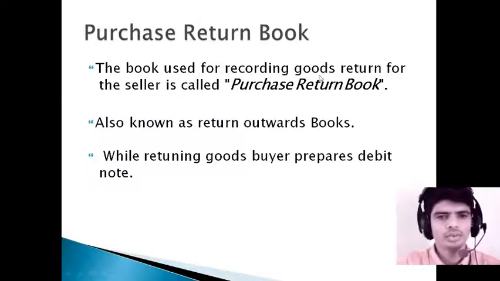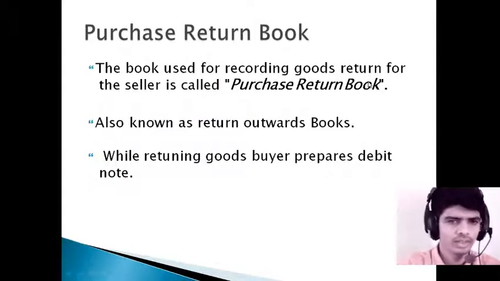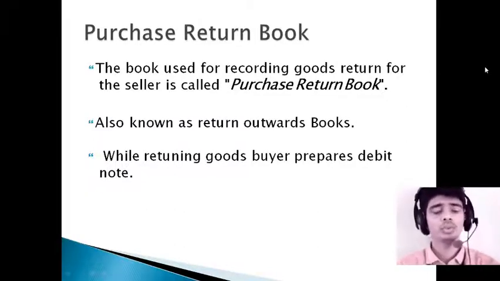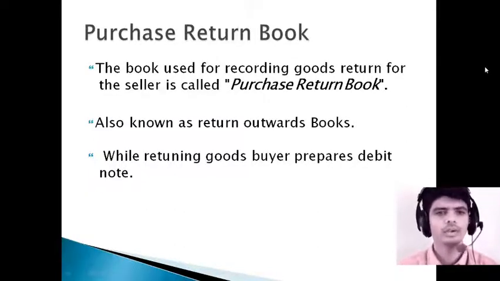The book used for recording the goods returned to the seller is called the purchase return book. Try to understand: the purchase return book is nothing but the book used for recording the goods returned to the seller.